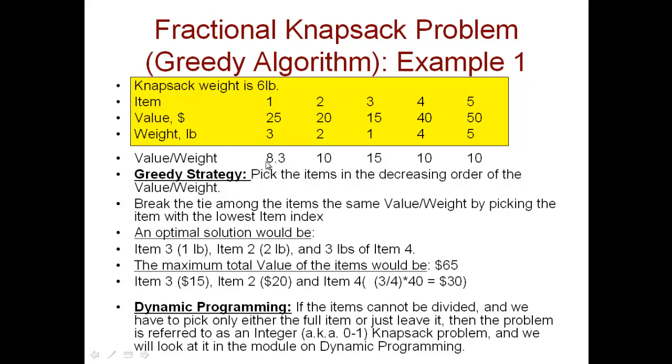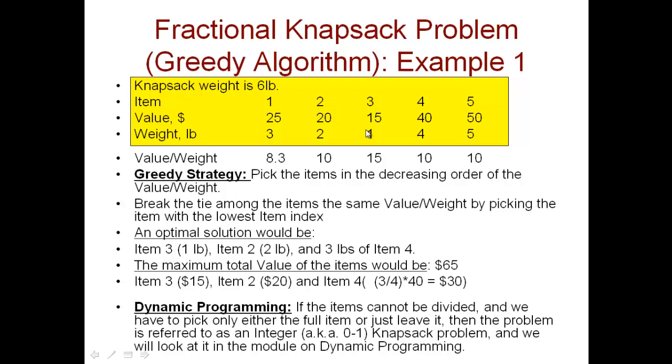Now we'll pick the item that has the largest value per pound. Instead of just picking the item that has the largest value, we will prefer an item that has the largest value per pound. That comes out to be 15, the largest value per pound, and that corresponds to item 3.